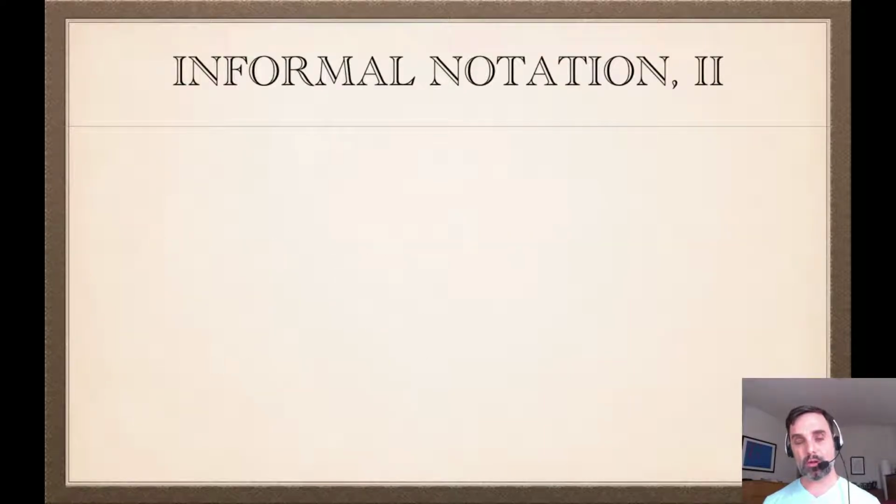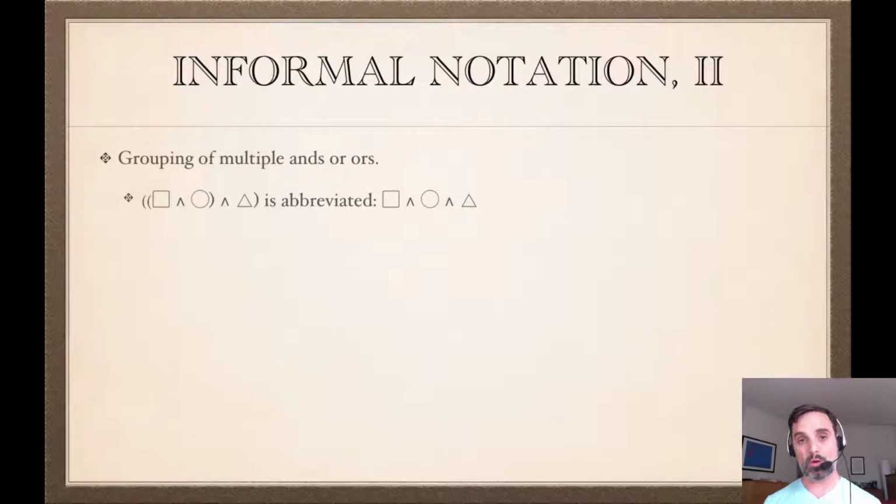We have more informal notation for this new language. If we have groupings of multiple ands or groupings of multiple ors, then we can drop all of the parentheses. So if they're grouped like this, if we have a conjunction whose left conjunct is itself a conjunction, we can drop the external parentheses by the initial convention, but then that internal pair of parentheses we can also drop.